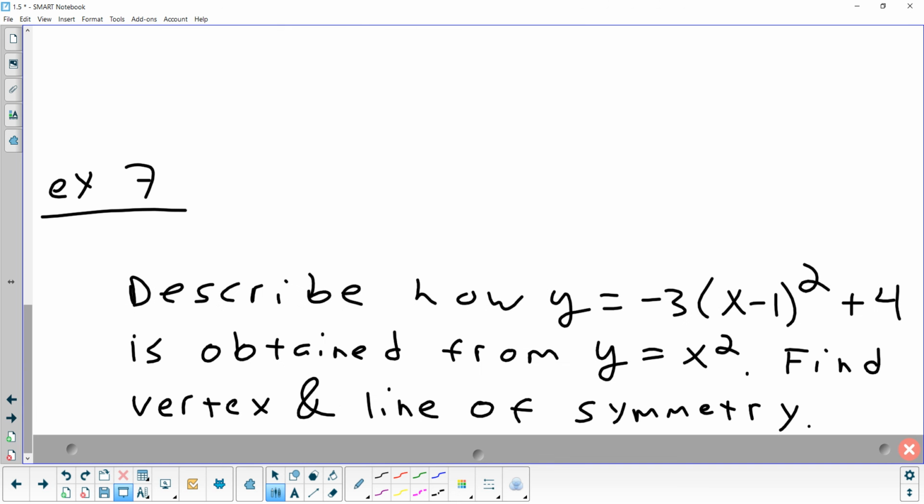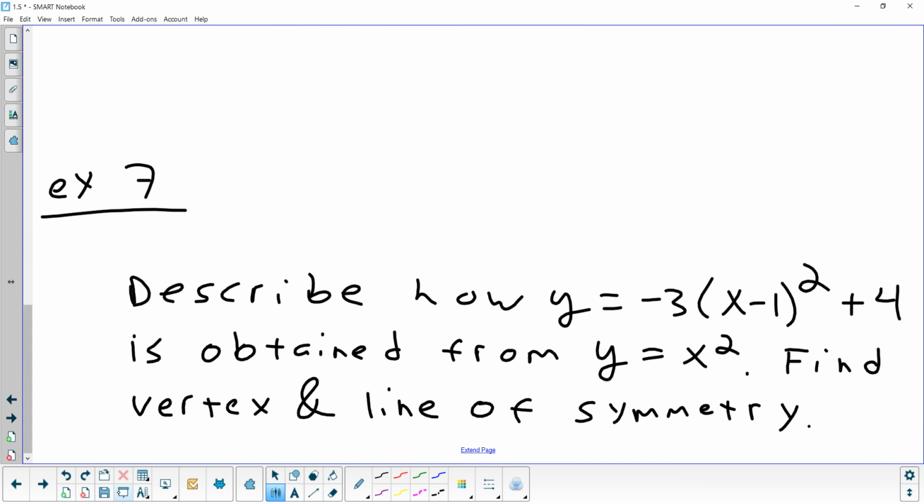All right, let's try same thing here. So we want to describe this one. First of all, how many transformations are happening here?